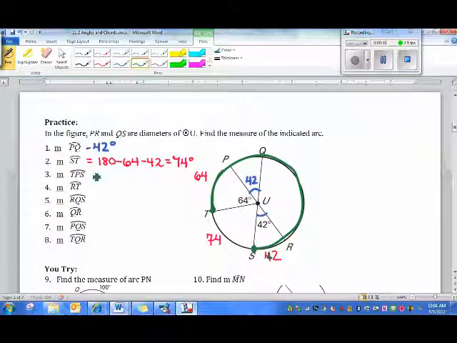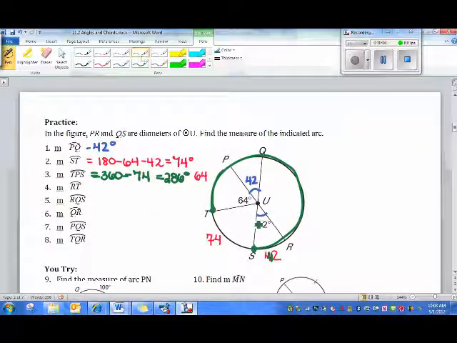So to find TPS, one strategy you could use is 360 minus the 74-degree angle. And after I do that, I get 286 degrees. Again, that's not the only way you could get that answer. There's a bunch of different ways.